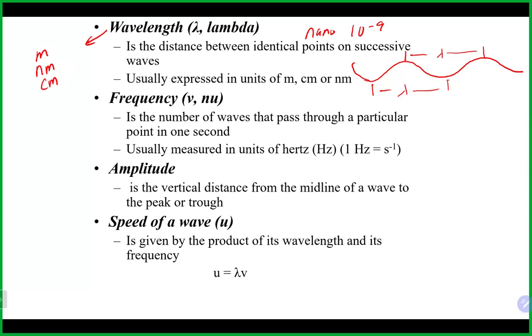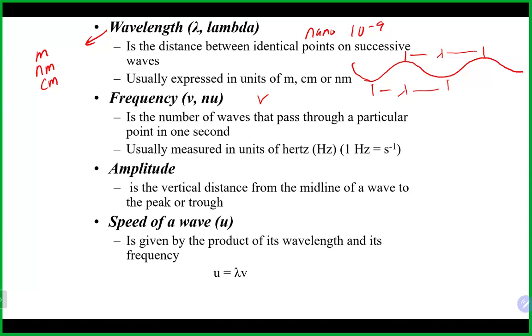Most waves are given in meters, but when we talk about colors like red, orange, yellow, and green, their wavelengths are very often given in nanometers. The frequency, abbreviated as nu, which is not really a V, though sometimes people call it a V, is the number of waves that pass through a point in a particular second.